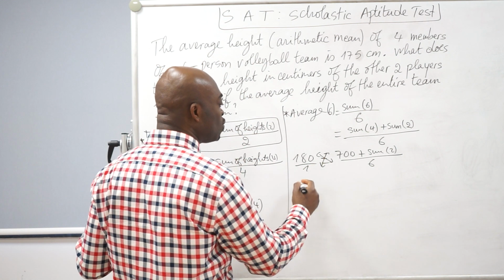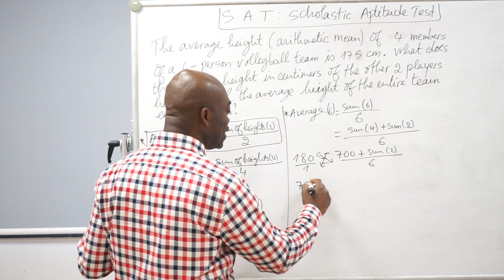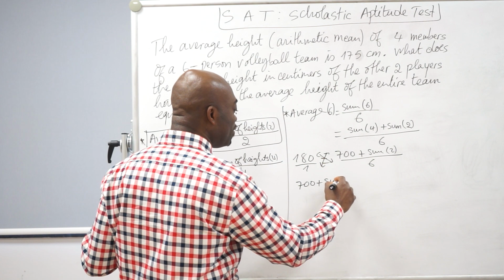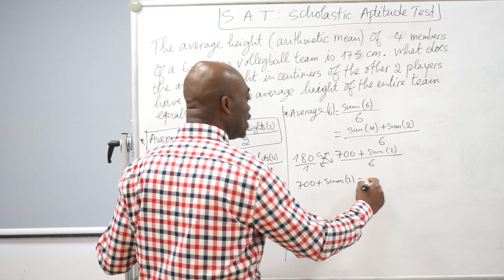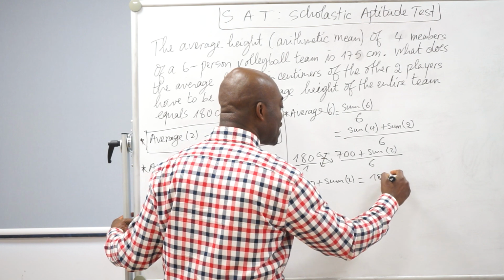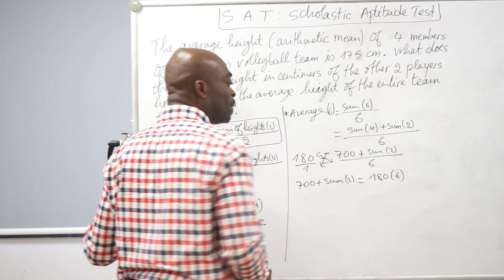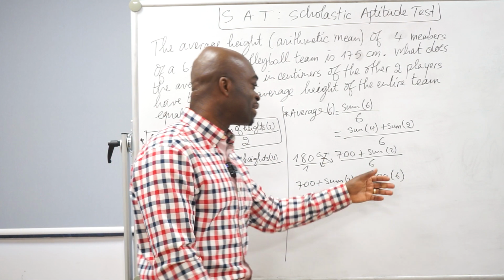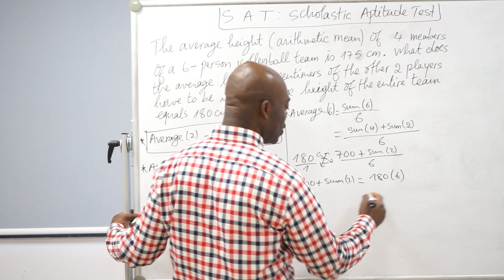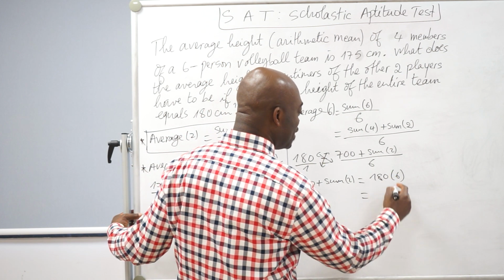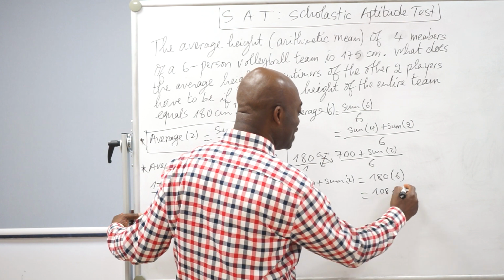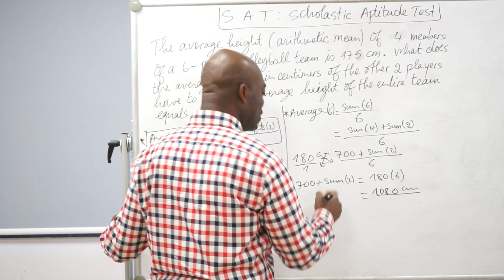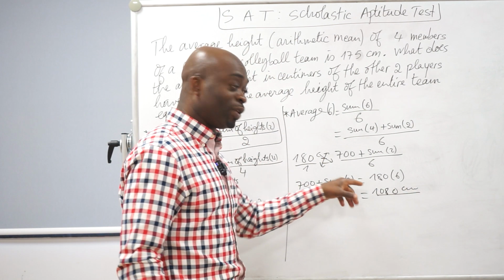Once we cross multiply, this is going to give us 700 plus the sum of the height for the two other players equals 180 centimeters times 6. And 180 times 6 is going to give us 1,080 centimeters. And that's for these two, correct?